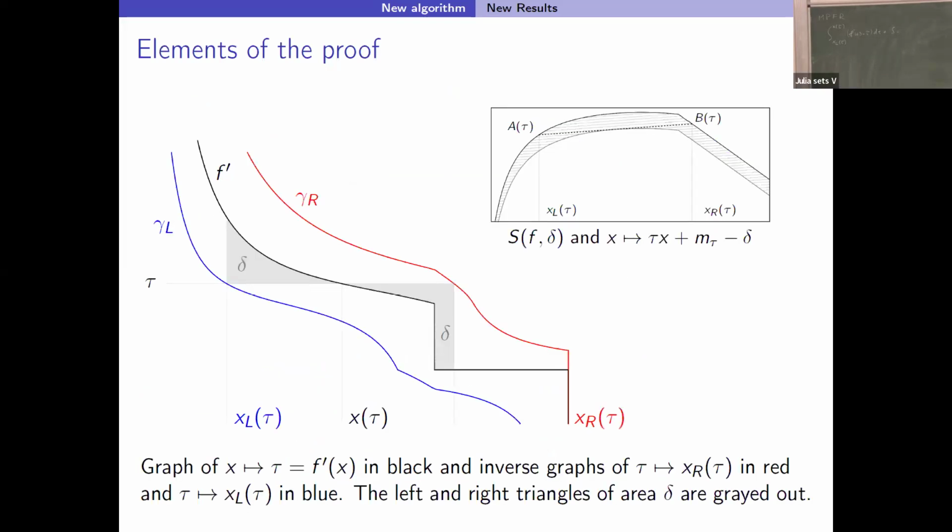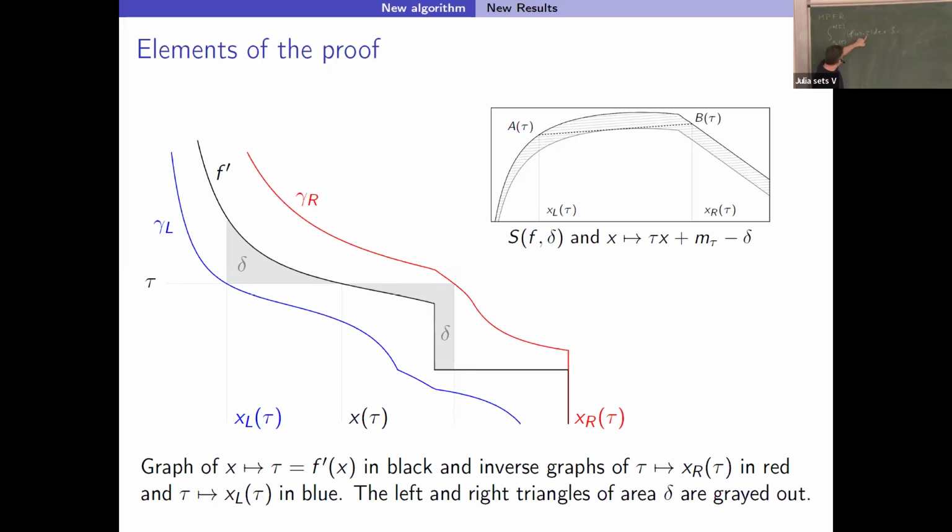And if now instead of drawing the graph of f, I draw the graph of f prime, which may be discontinuous, but I can complete it to a curve. What does it mean? If I look here at height tau, because I take the derivative minus this, right?